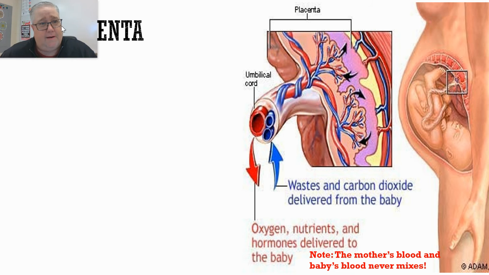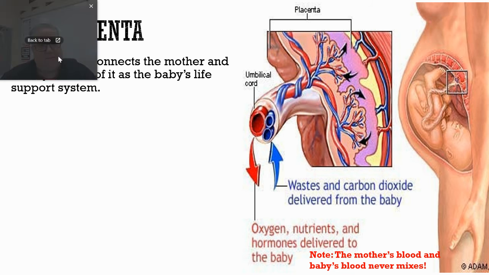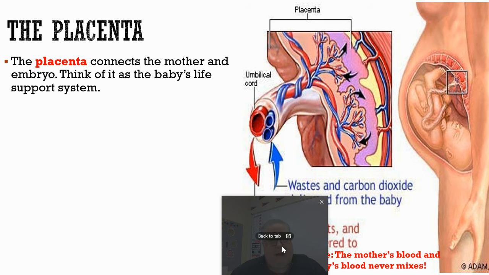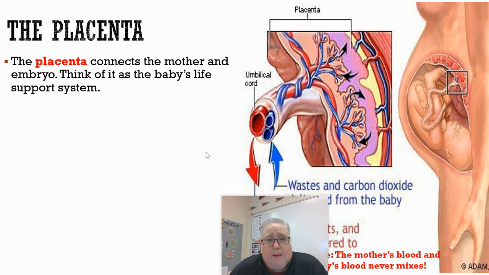The placenta. The placenta is probably the most important structure in the female body during the 9 months of pregnancy. Think of the placenta as the life support system that helps keep the baby alive during the pregnancy months.